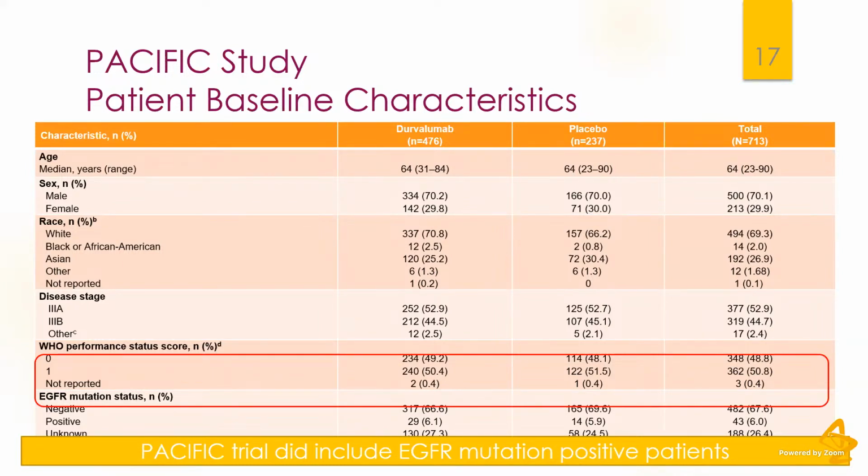Based on stage, stage 3A was 52% in both arms and stage 3B was around 45.5%, so almost an equal distribution of stage 3A and 3B. Most patients were ECOG performance status 0 or 1, and almost 65% and beyond were EGFR mutation negative.